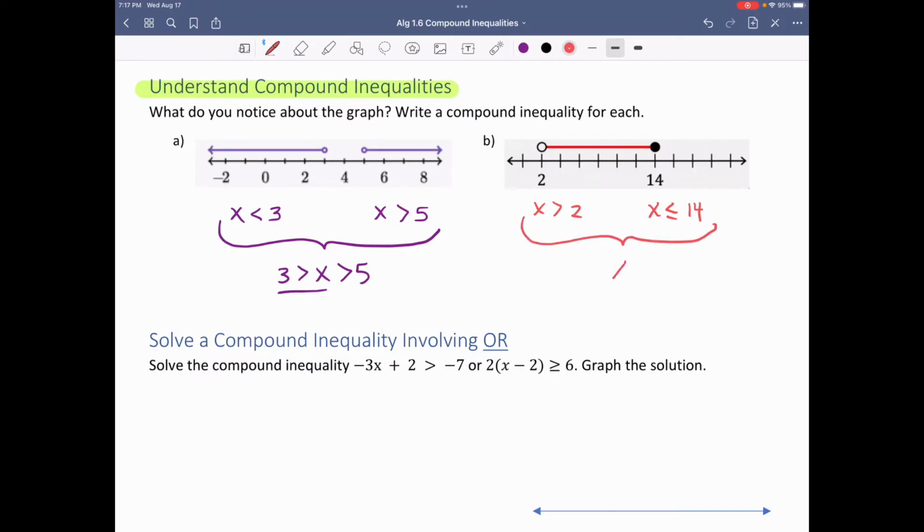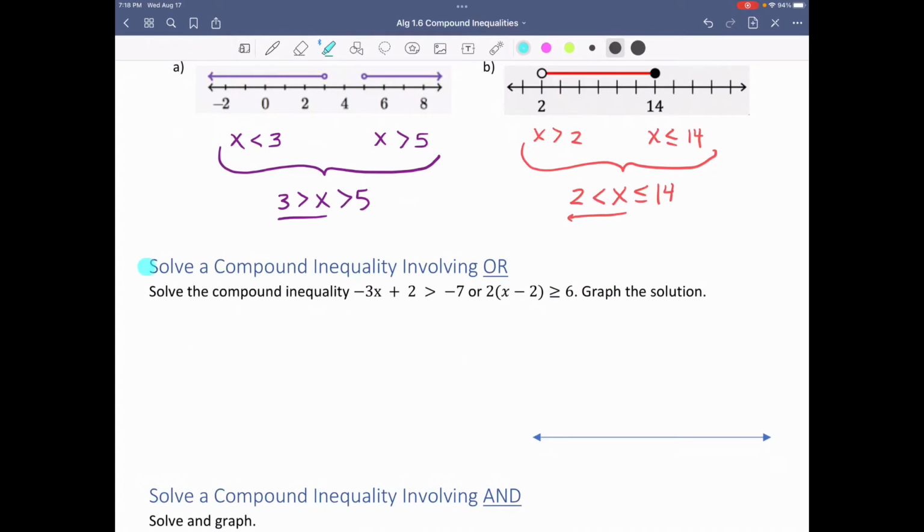With x in the middle is less than or equal to 14, we put the 2 over here, and the greater than has to come from the x because we're reading it backwards. So reading it this way, x is greater than, I know it's the less than symbol, but when we read it backwards, it would read as x is greater than 2.